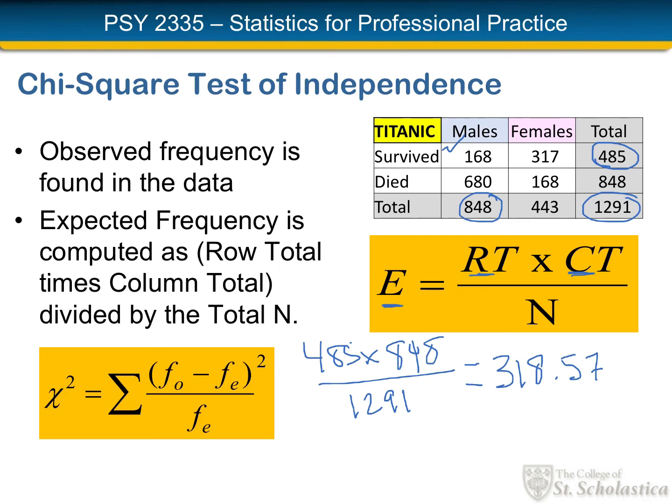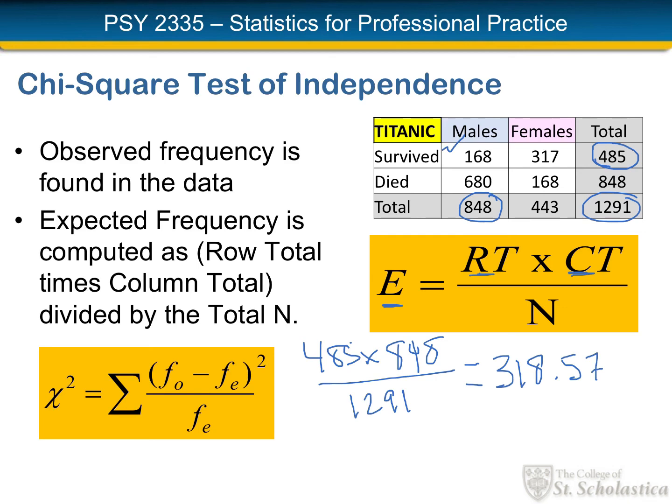So a thing that you can notice is that our expected value can be a decimal or a fraction. My observed value, because it's a count of actual people, is always going to be an integer, a whole number. So my actual survivors are going to come out in numbers like 168, 172, in other words, no decimal places.